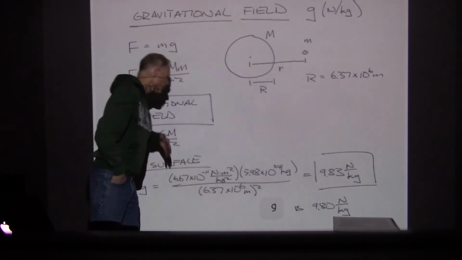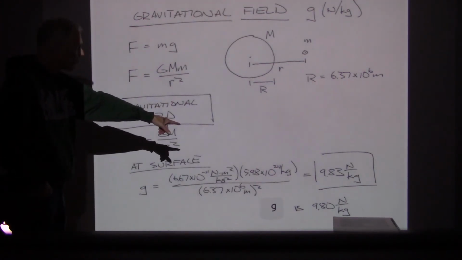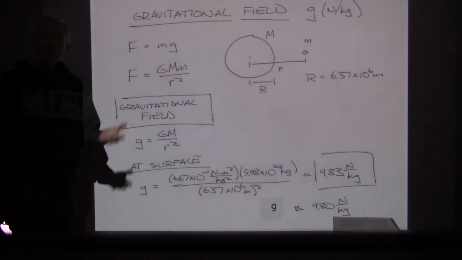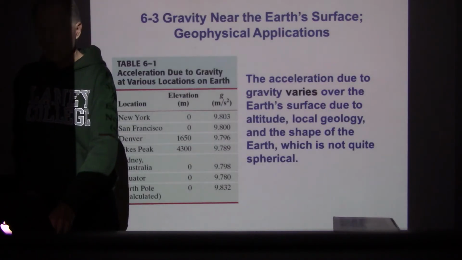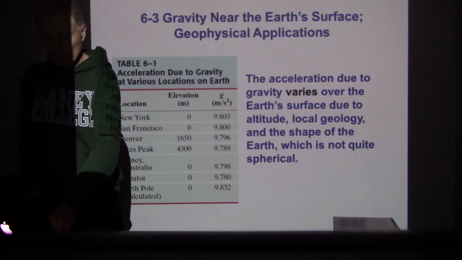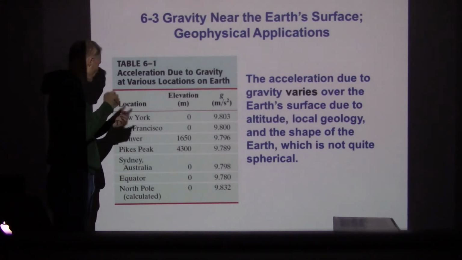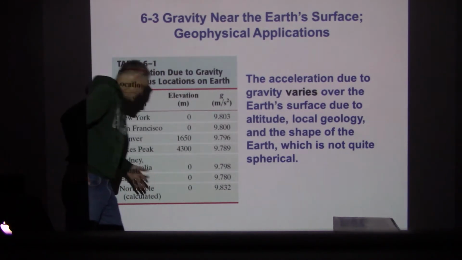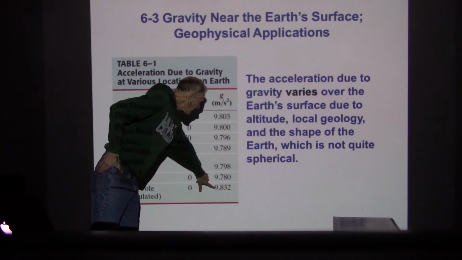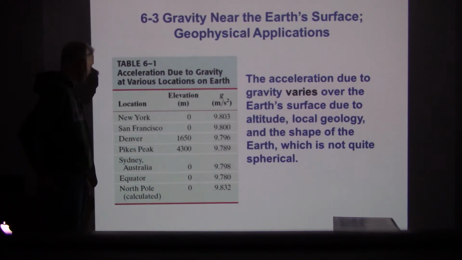It could be the 6.38 number is better, and that's going to lower the values here. So this 9.80 we've been using is not as firm as we had imagined. It does include this rotational effect. At the pole, and they're saying it's just calculated, it comes out to be 9.83. So that's the number that we came up with.